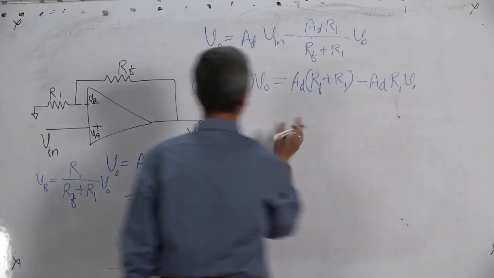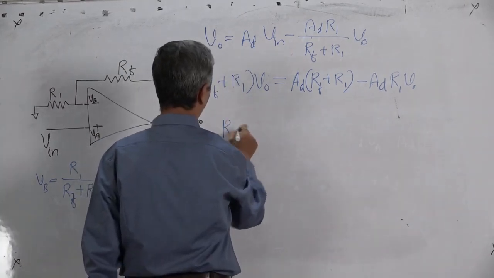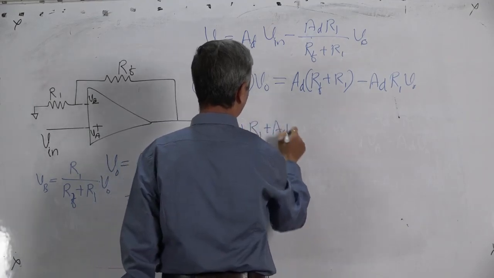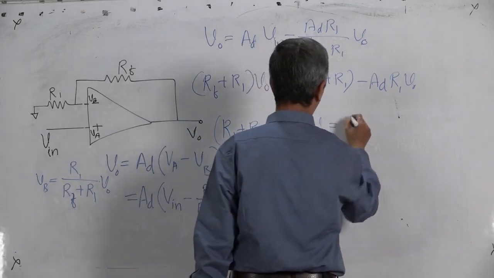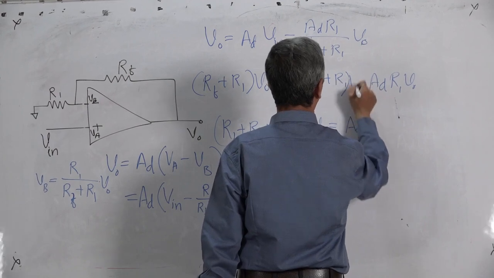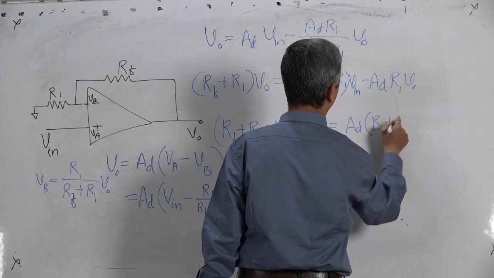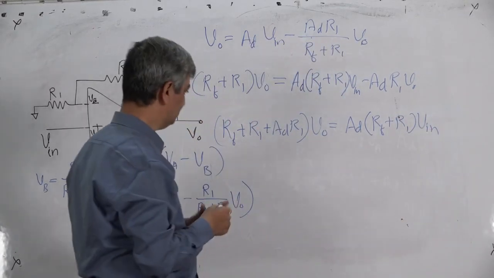Now, it looks fine. So, take it on this side. So, RF plus R1 plus AD R1 VO is equal to AD into bracket RF plus R1 V in, and then straightforward.